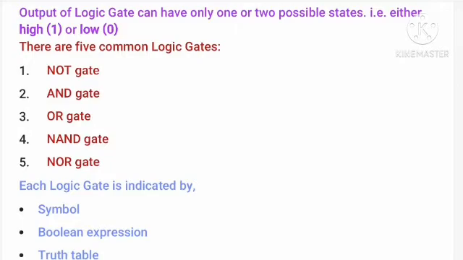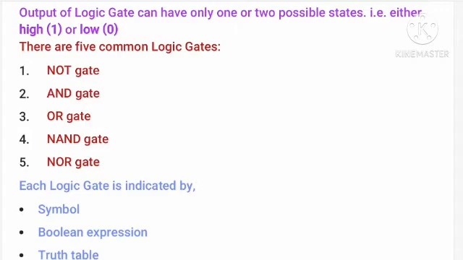There are 5 common types of logic gates: NOT gate, AND gate, OR gate, NAND gate and NOR gate. So these are the 5 common logic gates we have to study in today's article. For the study of each logic gate, we can study its symbol, its Boolean expression and the related truth table.